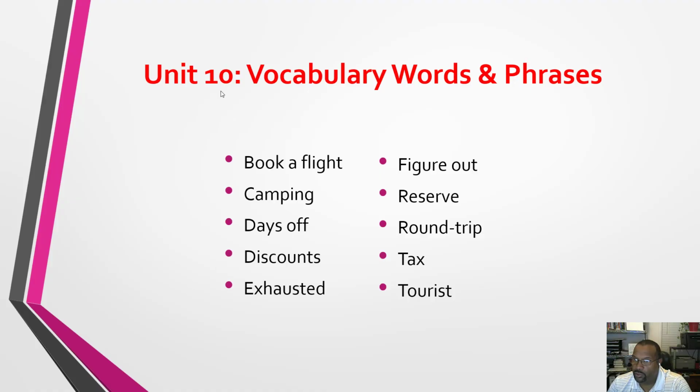Okay, so let's talk about Unit 10, vocabulary words and phrases. These are the vocabulary words and phrases that we learned in this unit. All right. So the first is a phrase, right? Book a flight. The next is a word, camping. Days off.